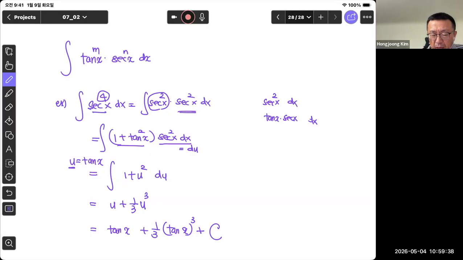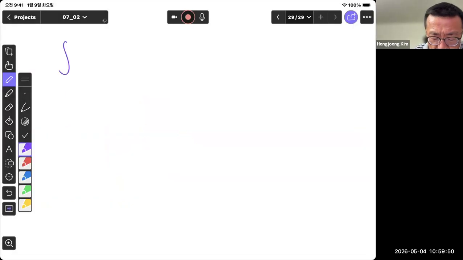Okay. And for the other situation, if you have some other power of tangent and secant x, so if you have, say, an odd power of tangent times secant x squared dx, then you take one copy of tangent.